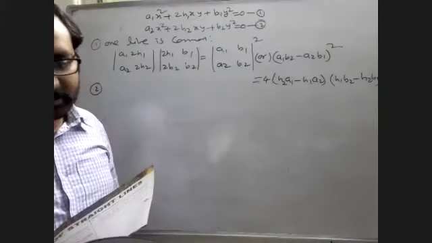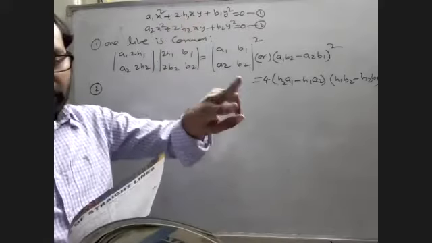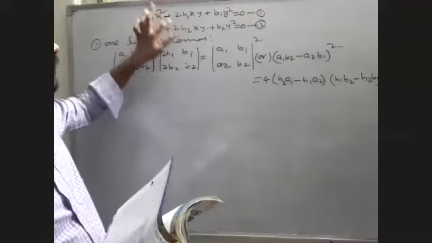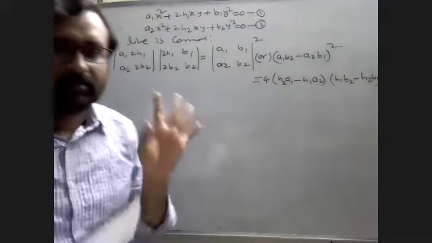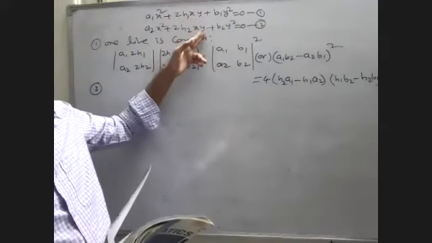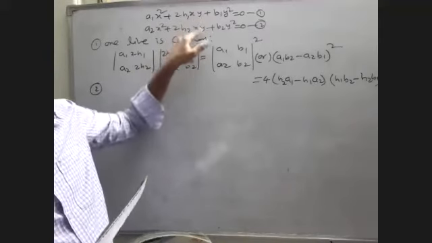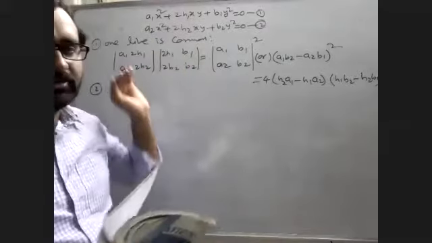If one of the lines represented by these two pair of lines is perpendicular to one of the lines represented by those two, from this one line, or perpendicular, any one of the lines, from this first line, from the second line perpendicular, whatever it is, but from this one line should be perpendicular.